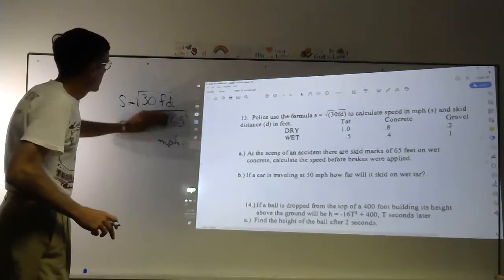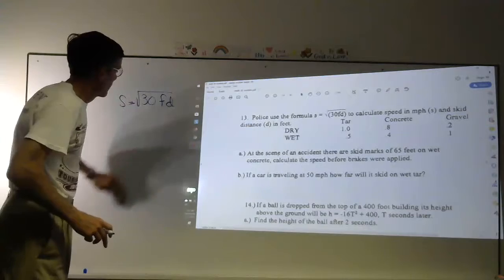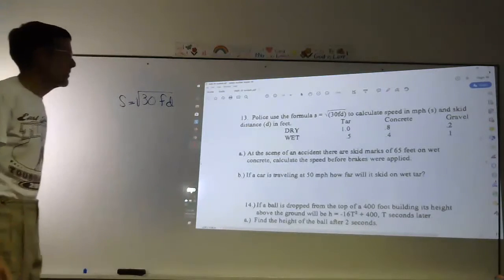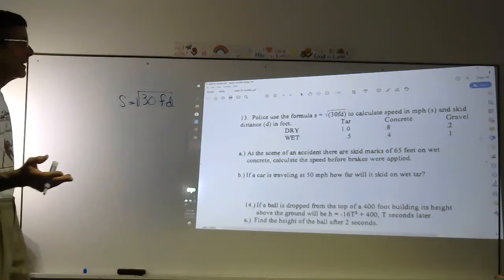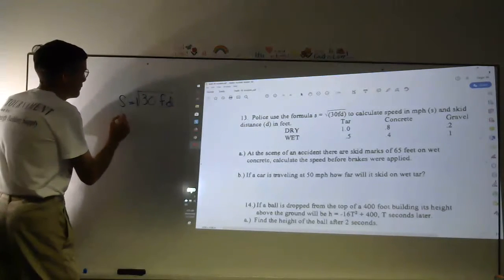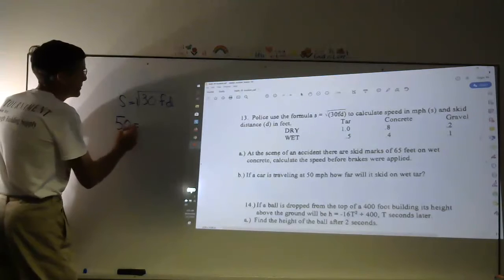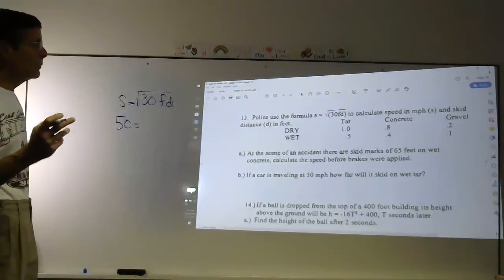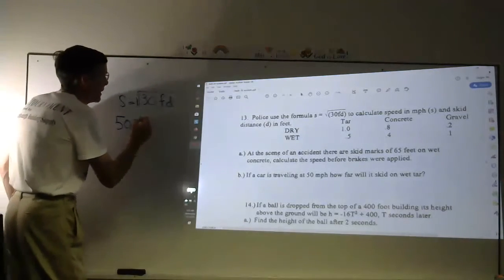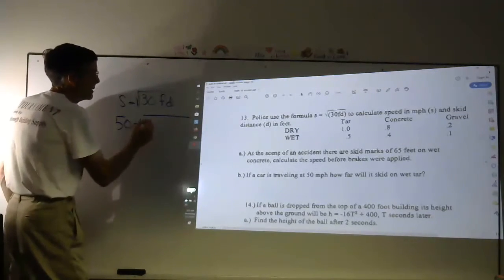Here's our formula. And the next one says, suppose a car is traveling at 50 miles per hour. Okay, if a car is traveling at 50 miles per hour, that is the speed. How far will it skid on wet tar? How far will it skid?